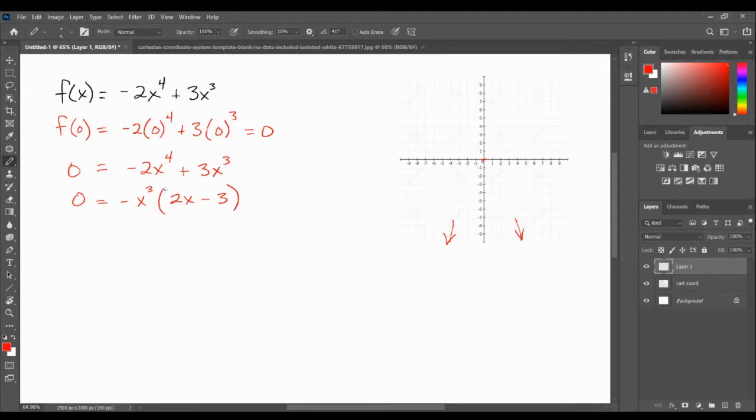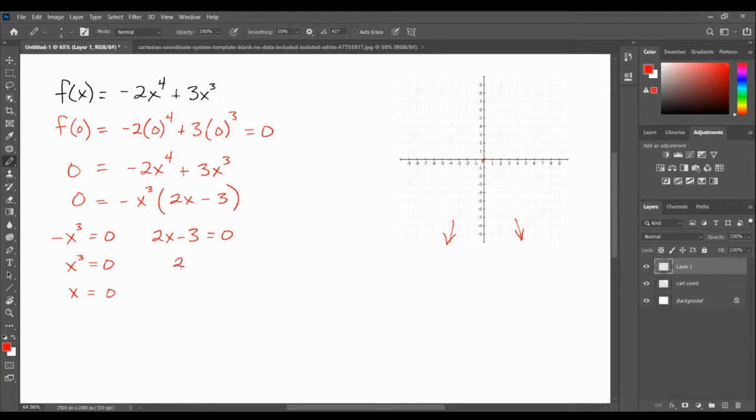So I can set each of these terms equal to 0, say negative x cubed equals 0, and 2x minus 3 equals 0. So over here, I would, dividing by negative 1, say x cubed equals 0. So x would be 0, and we already had that because of our y-intercept.